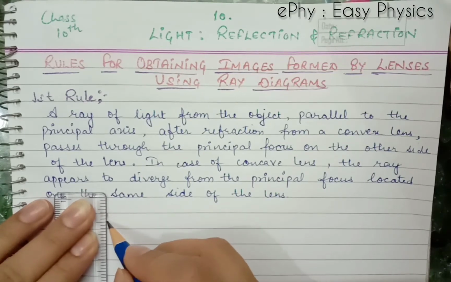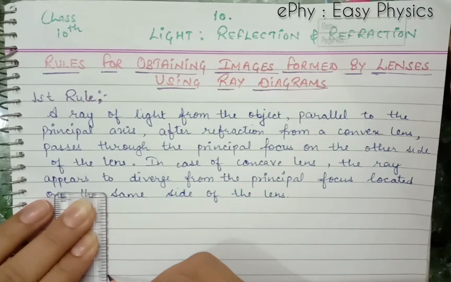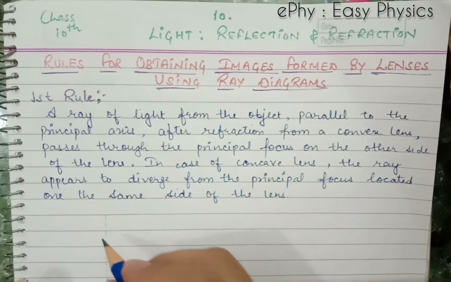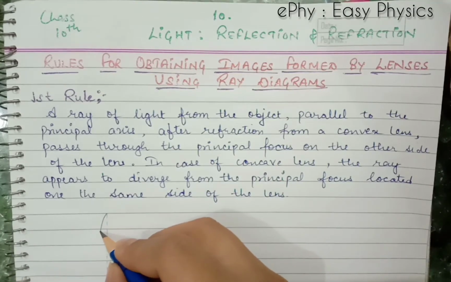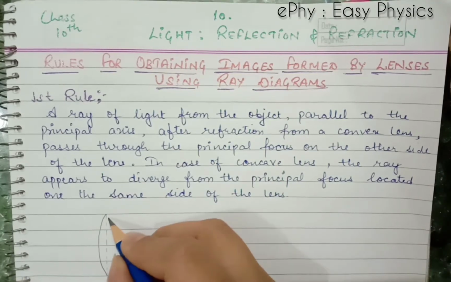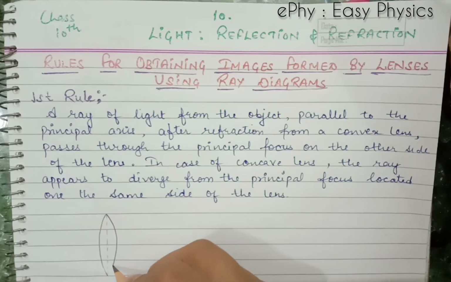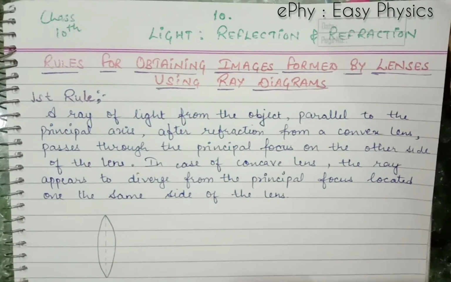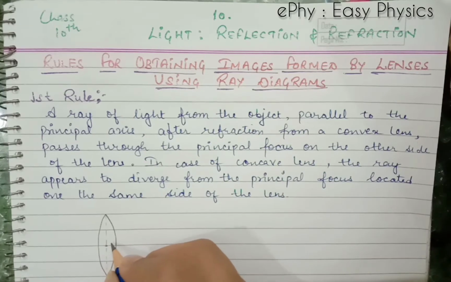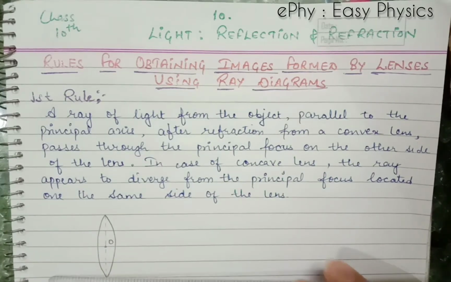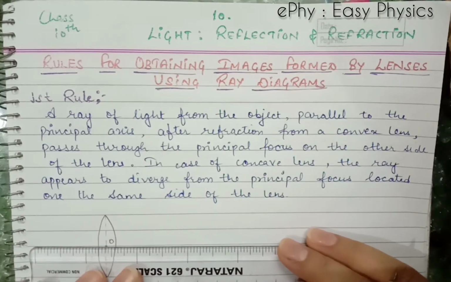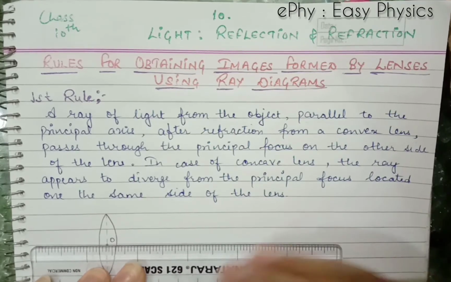First, draw a middle line for the convex lens in 4 line of your notebook, and you can draw the convex lens roughly like this. Then mark the optical center O at the middle line and draw a principal axis passing through the optical center.